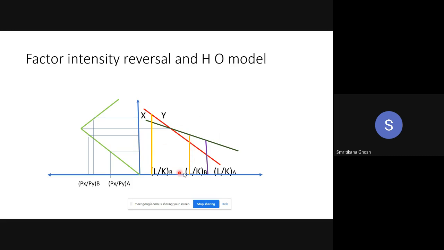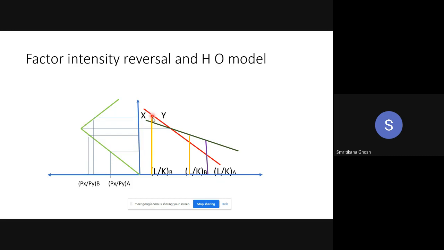Now L by KB is here. So there is a gap. L by KA is on the one side of the reversal point, and L by KB is on the other side of the reversal point. Then we are going to check whether the HO model is true or not. Fine.